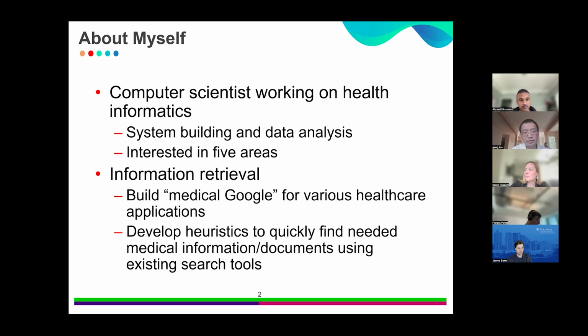First, information retrieval. We build a medical Google for various healthcare applications. For example, we build a medical search engine to simulate the way doctors interact with patients by giving questionnaires, asking questions to the patient, and the patient clicks one out of multiple possible answers to the question.